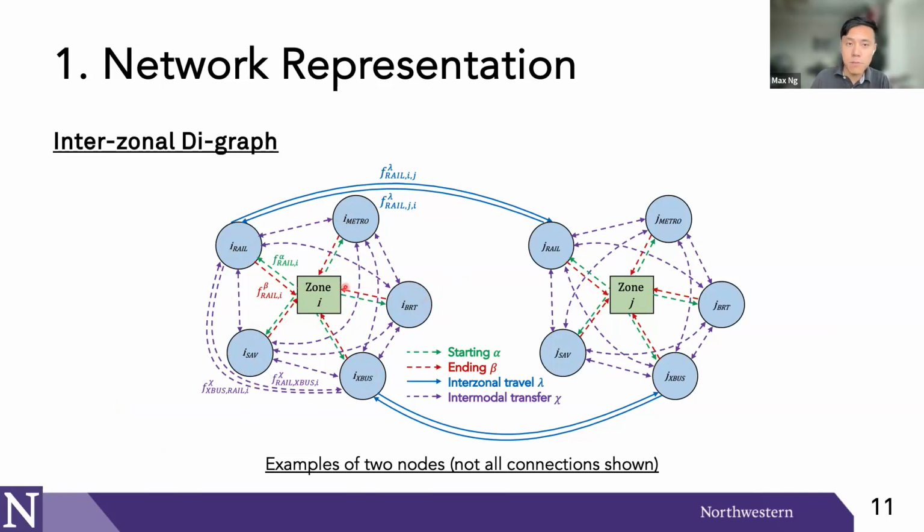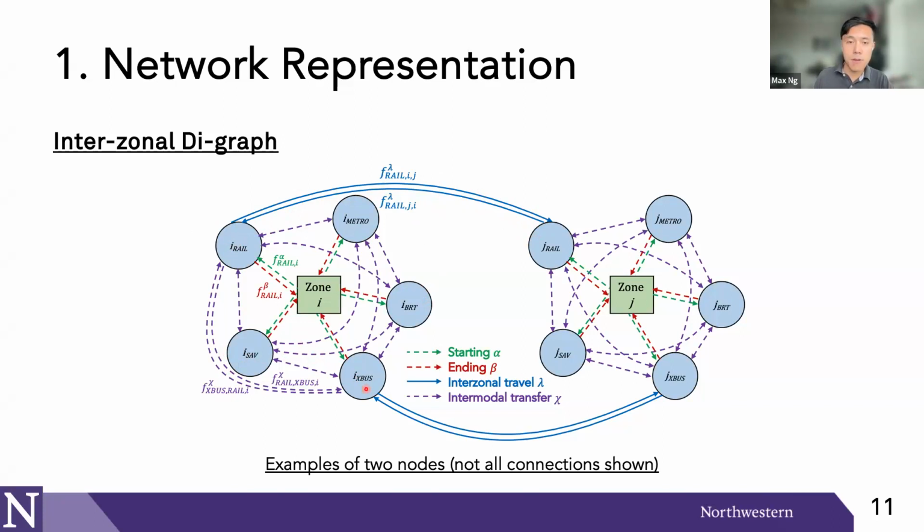And the opposite direction, from a modal node to a central node, is the red arc, the ending arc. Then from zone to zone, they can travel on the same mode. For example, if there is a rail service, then they can go from zone I to zone J with rail. Then the blue arc is an interzonal travel. And the last one, within a zone, they can also do an intermodal transfer. That is to say, they transfer from SAV to an express bus within zone I.